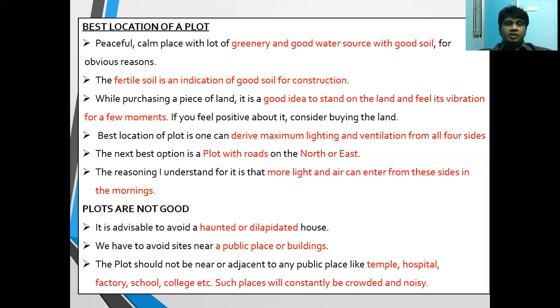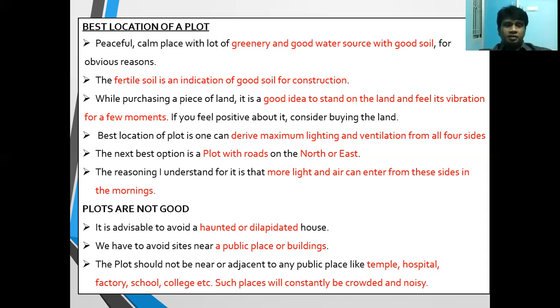Then the best location for lighting and ventilation should be the northeast direction. You can preferably have it on four sides. The next option, as I already said, is the northeast direction. The reason is that the light and the air enter from that side in the morning.